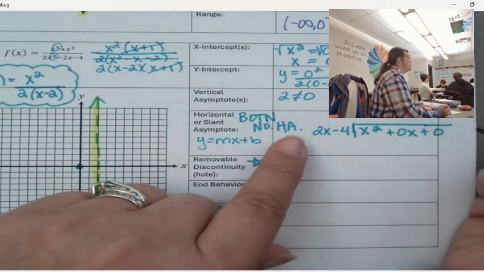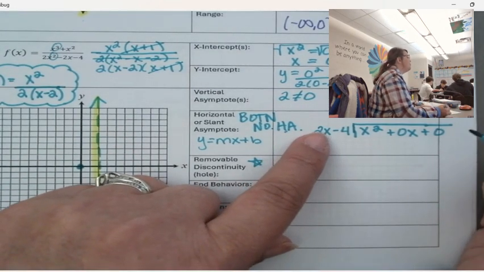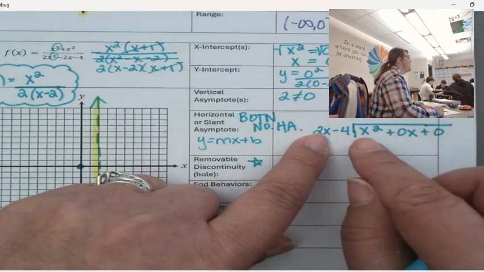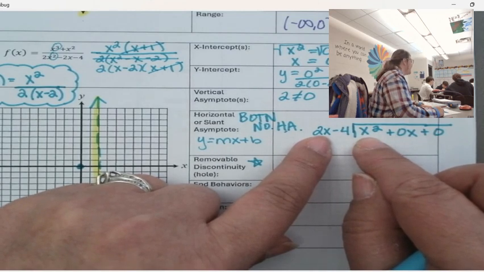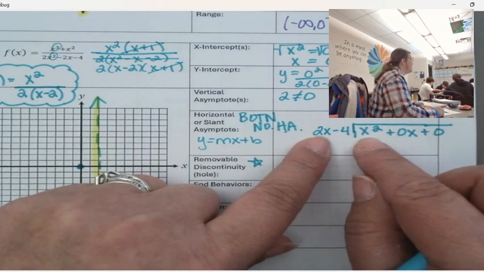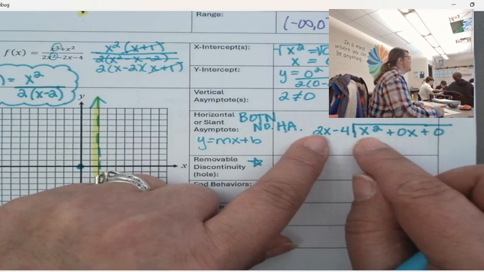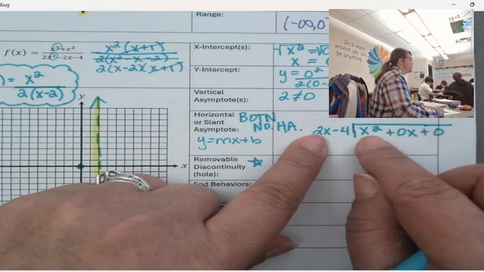Okay, so when we do long division, I ask myself, what do I need to multiply 2x by to get it to be x squared? I need to multiply it by 1/2 x. I love that, right? Good job. I need to multiply it by 1/2 x because I have to turn 2x into x squared.